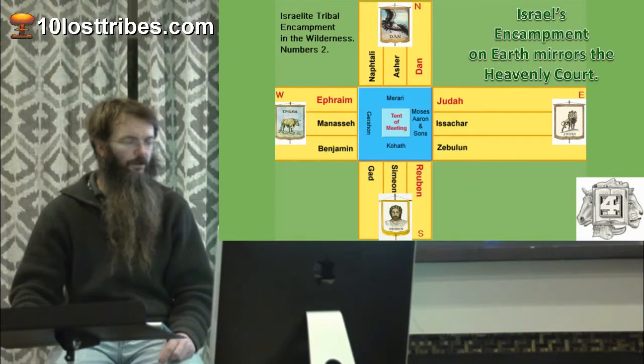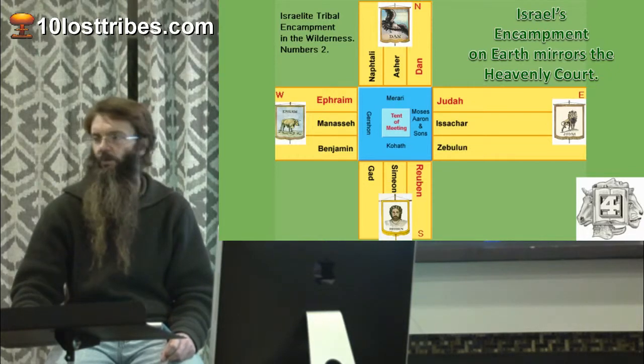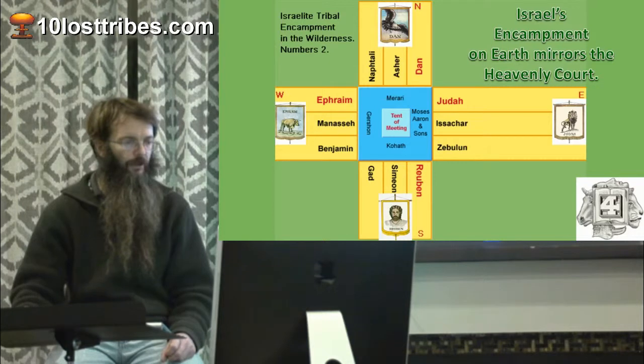So Ephraim is an ox, and it tells us that Joseph's an ox, and Ephraim's an ox, and Reuben is a man unstable as water, so he's related to the man, the cherub that's a man. So these are the 4 cherubim: the lion, the eagle, the ox, and the man.